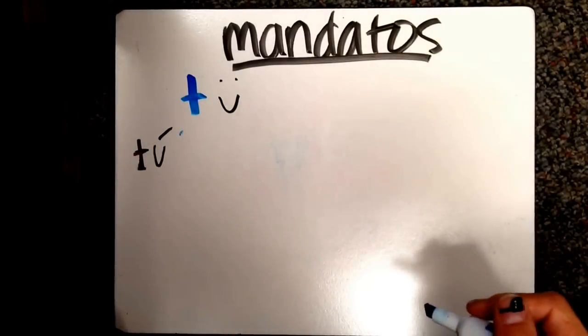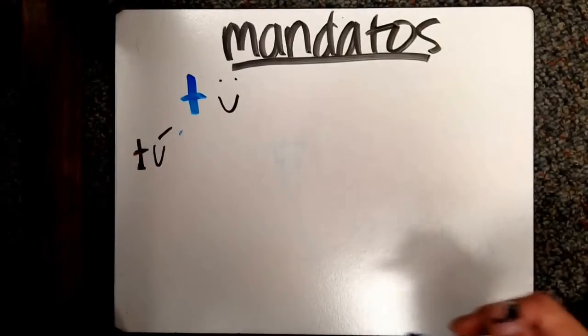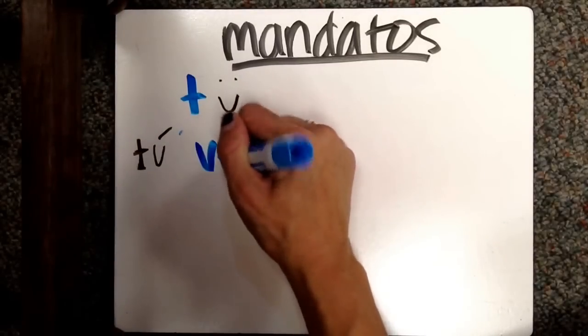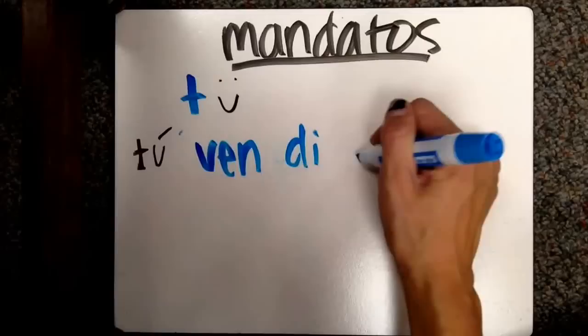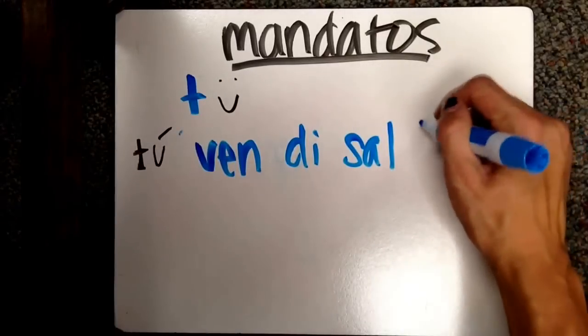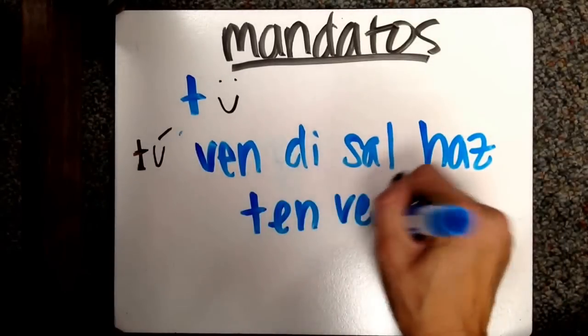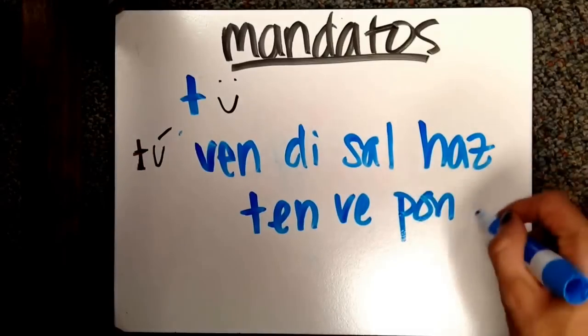Of course you have your irregulars. What would a tense be without its irregulars? And there's a very easy way to remember it. If you recall, it just goes ven, di, sal, haz, ten, ve, pon, sé.